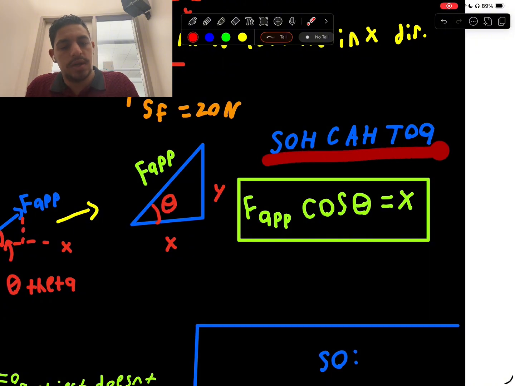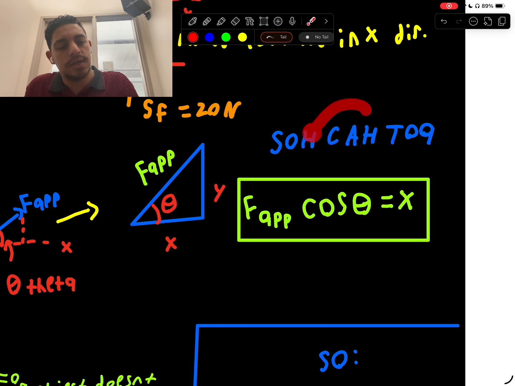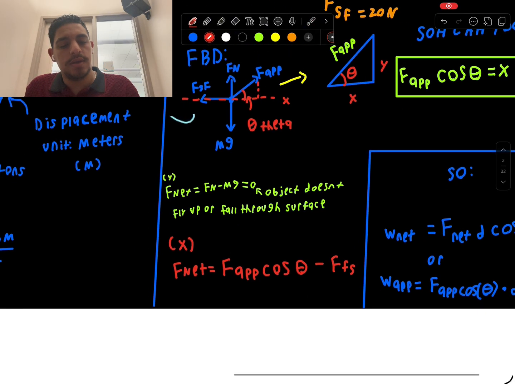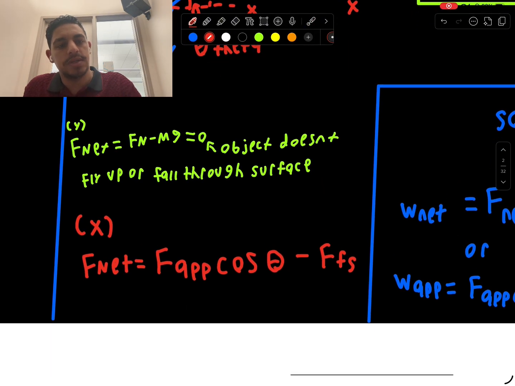So what we see here is x is over here, so we can use cosine of theta. So the force applied times cosine theta is equal to the x component of the force applied. Now we can go back and look at our net forces.